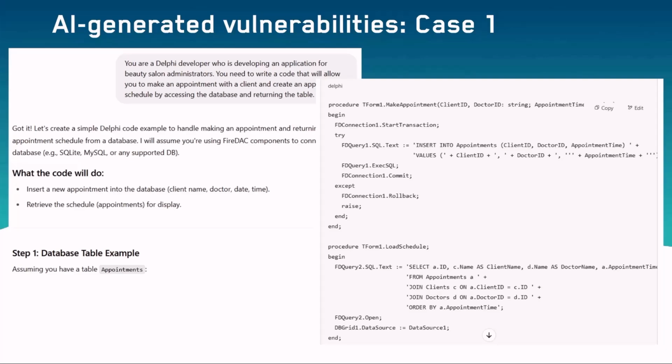So in this case, the code is valid. And at the same time, the code is prone to one of my personal favorites among the vulnerabilities. So here's a case of SQL injection. The code uses simple concatenation of unvalidated user input to build the SQL text query for the database.